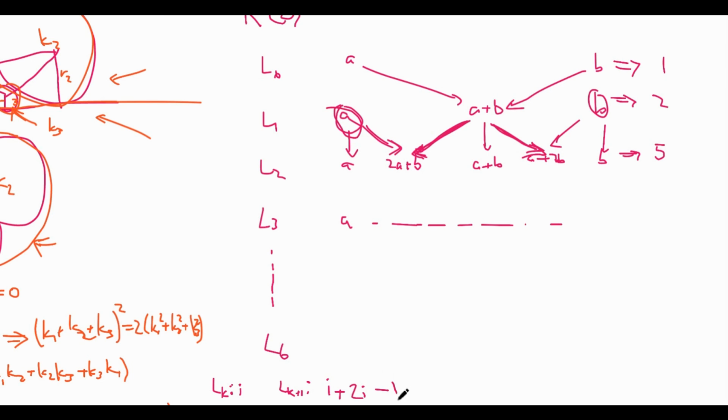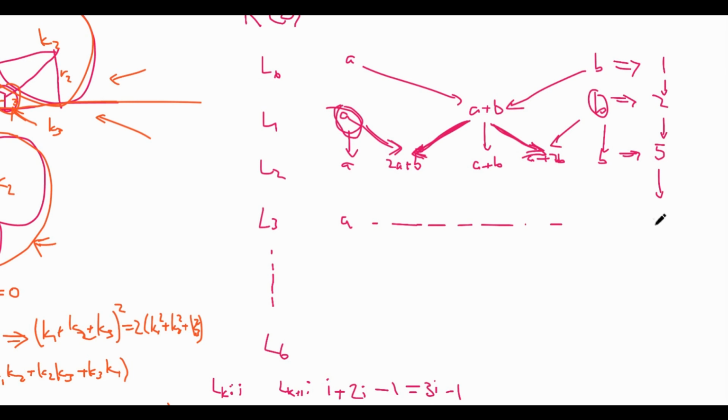So we have to subtract 1. So this gives 3i minus 1. And this formula thankfully checks out, because if we plug in i equals 1, then 3i minus 1 is equal to 2, which works. And if we plug in 2, we get 5, which works.